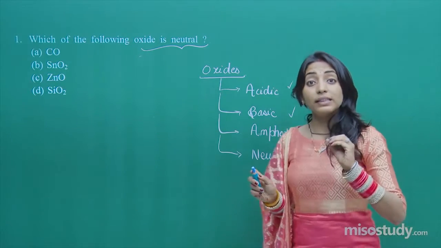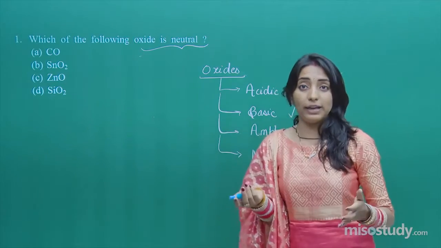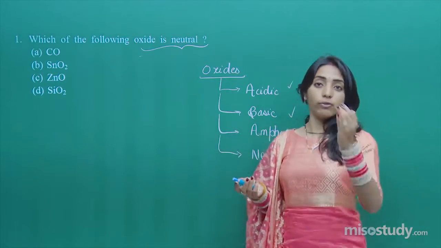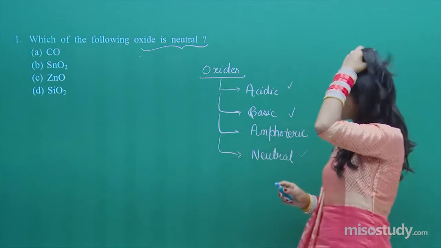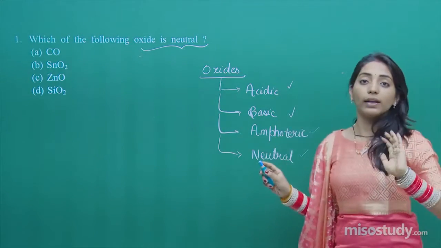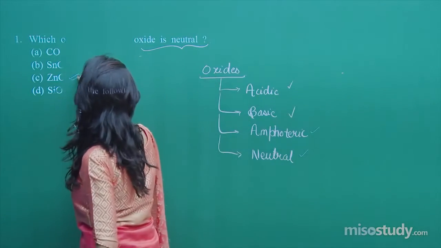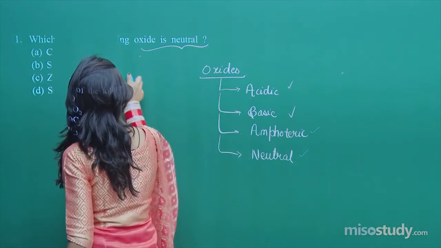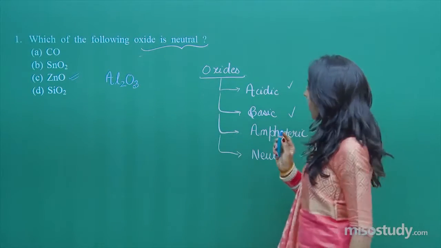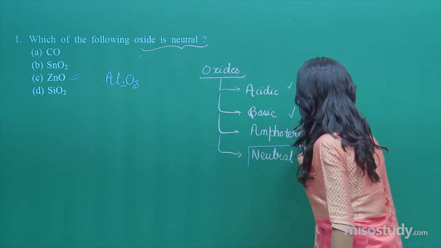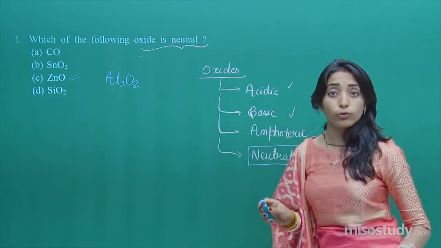Amphoteric oxides are basically those oxides which can act as acid as well as base. So they can react with bases and they can react with acids also. Those kind of oxides are known as amphoteric oxides, and a very common example was zinc oxide. Another example that we had done was Al2O3. But when I am talking about this category of oxides, only 3 oxides are known as neutral oxides.